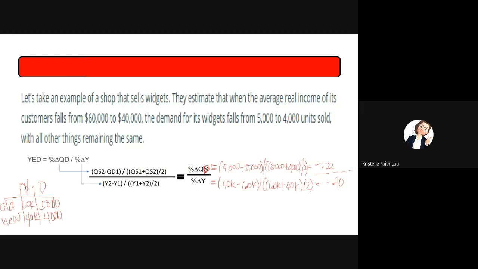As you can remember, sa inyong basic algebra, if magde-divide tayo ng dalawang negative na numbers, the outcome of it will be positive. So, negative 0.22 divided sa negative 0.40, ang ating YED is positive 0.55.